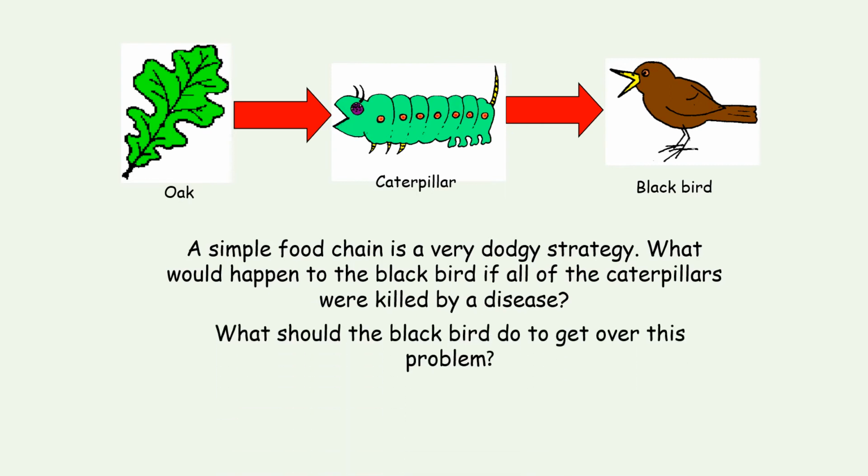How do you think the blackbirds could overcome this problem? Pause this video and write out what you think. So the blackbird should have different food sources. So even if the caterpillar died out, then the blackbird would still be able to survive. In reality, blackbirds also eat earthworms.